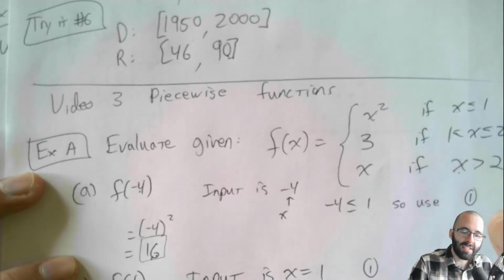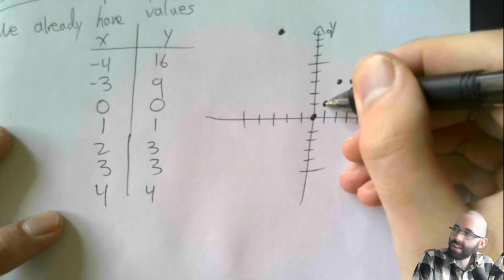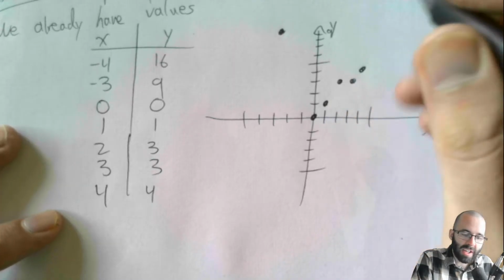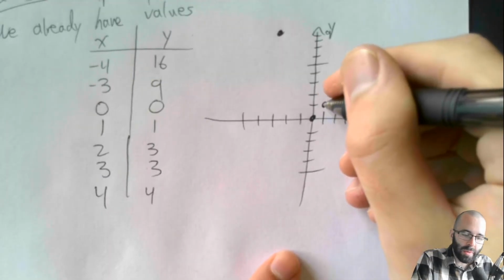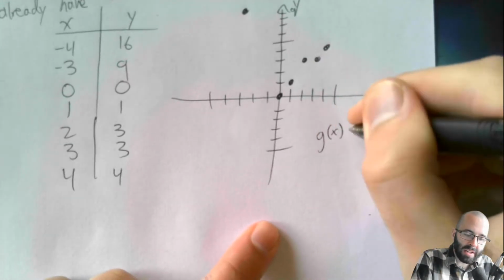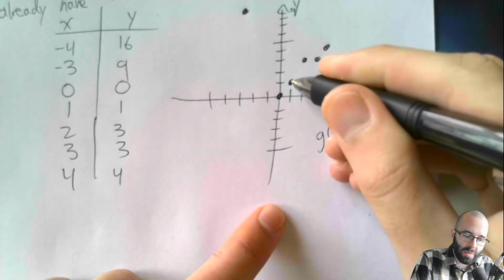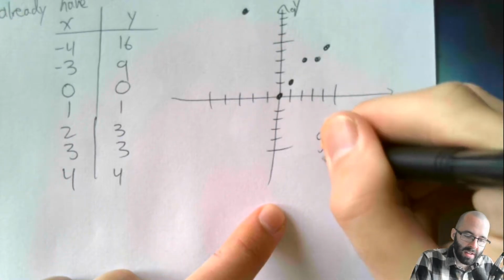For everything less than or equal to 1, we have a parabola. So from here to the left, it should look like a parabola. So what do we know about parabolas? I have some parabolic function: 1, 1, we already have that. 0, 0, we already have that.